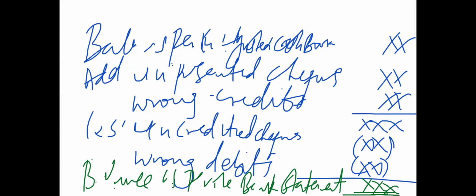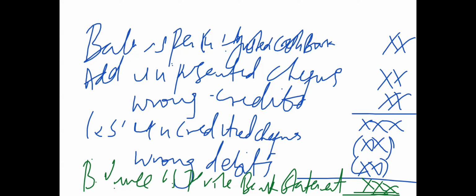Now you can see we have made just a slight change in the format where we are now introducing in the wrong debits and then the wrong credits. And we have seen that the wrong credits move with unpresented checks, and also wrong debits move with uncredited checks.